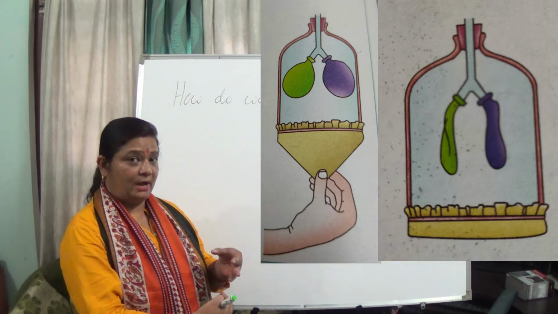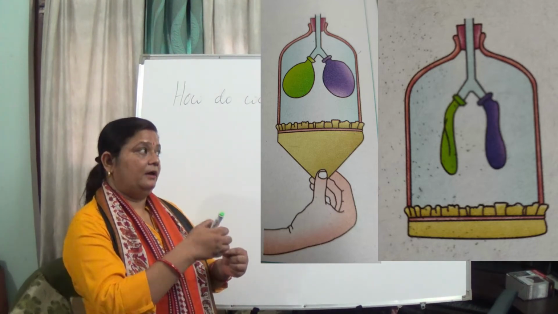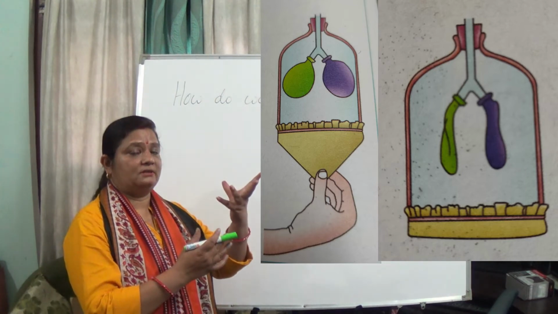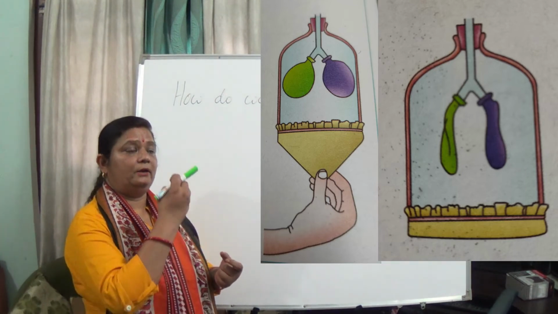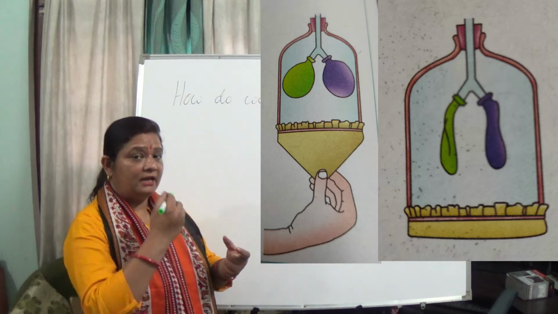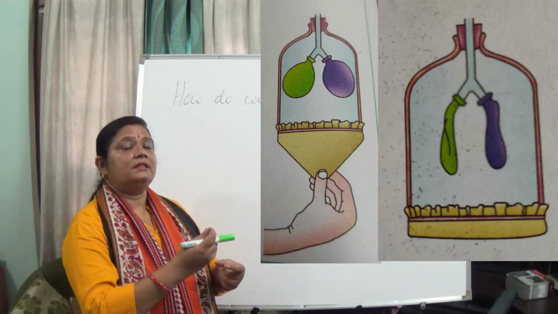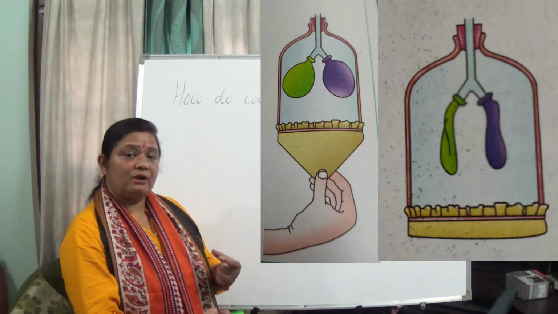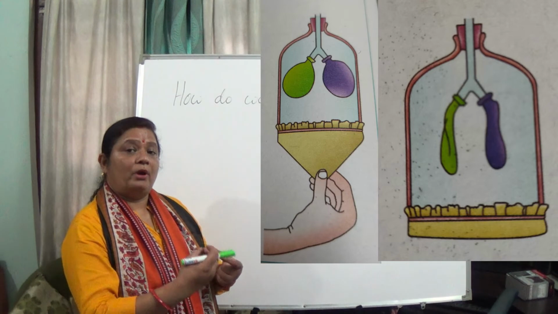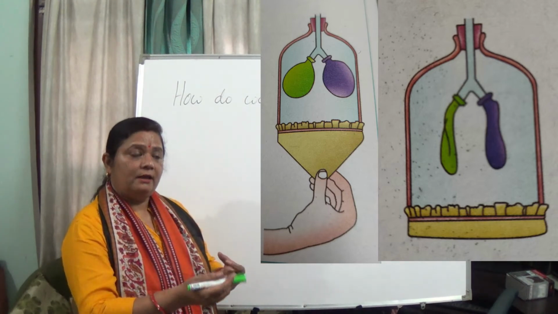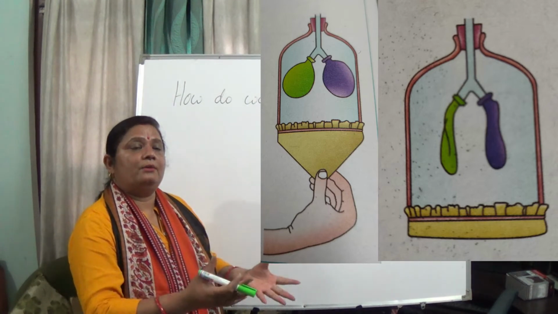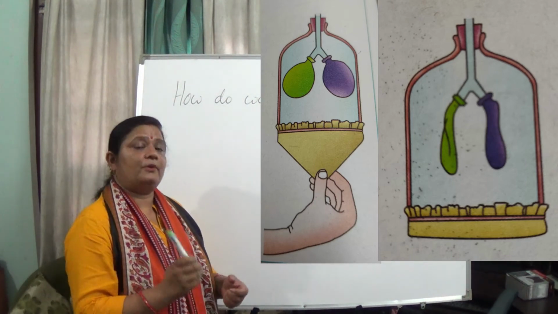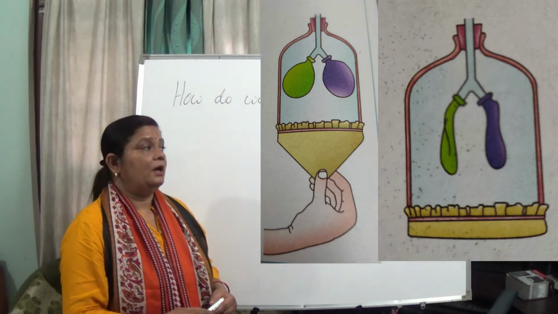When we pull it, the air rushes into the two balloons, and as soon as we release the rubber, the air goes out. This happens when we are inhaling: the diaphragm moves down, or backwards. When we are exhaling, the air comes out and the diaphragm moves up. So this is the whole process of respiration.